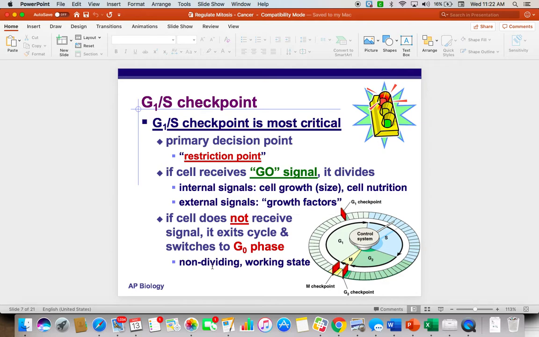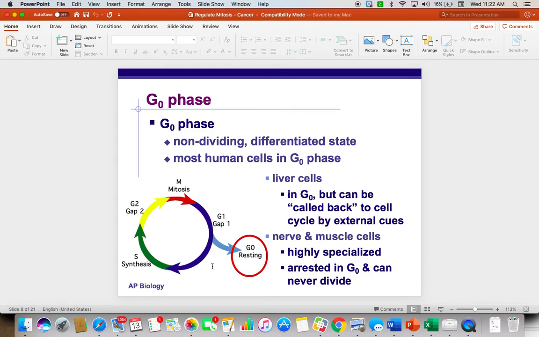If we pass this checkpoint, we go on to the next one. If we don't pass, we end up here, which is G0, a non-dividing phase. We said that liver and nerve cells pretty much stay in G0 because they rarely, if ever, divide.